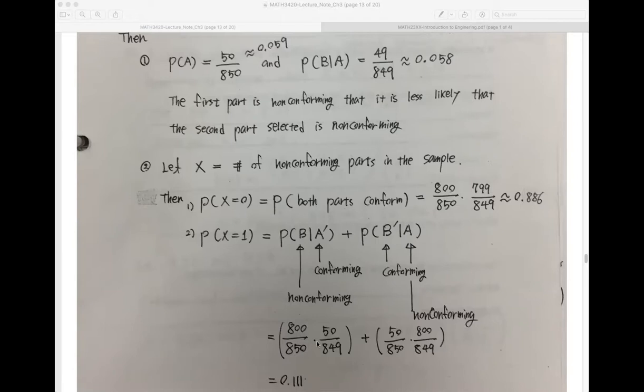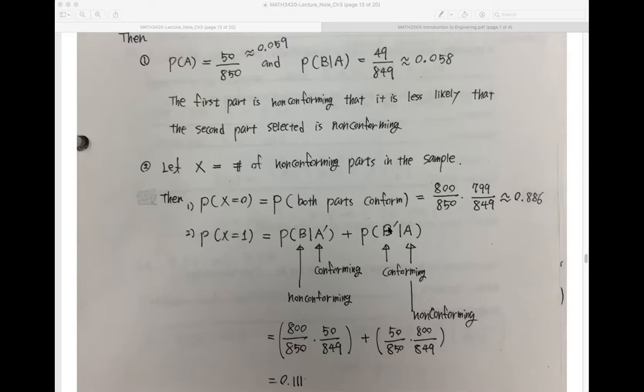And then in the second trial we calculate the probability that we select the non-conforming part, given that we already selected the conforming part in the first trial, which is 50 over 849, right?